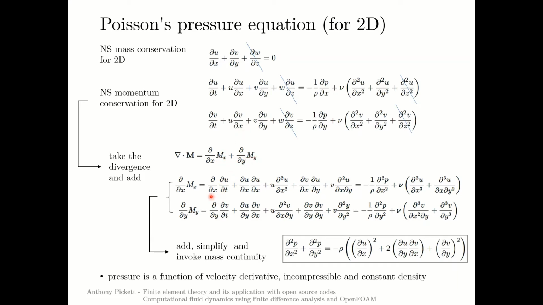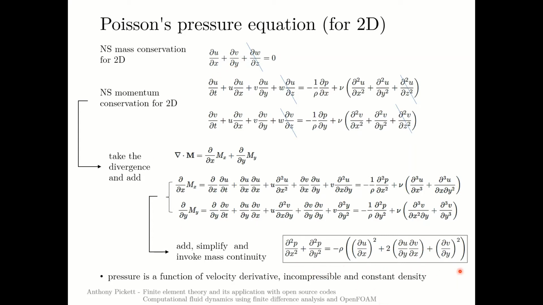That gives you these long expressions here. You add these together and you invoke continuity in the combined equation. So continuity is imposed through this combined equation. And then you simplify things and you end up with this expression here.